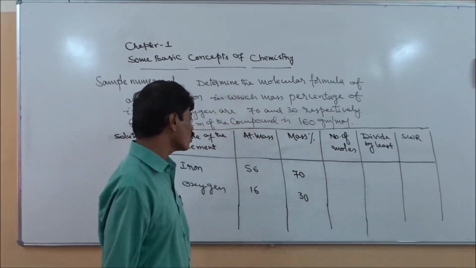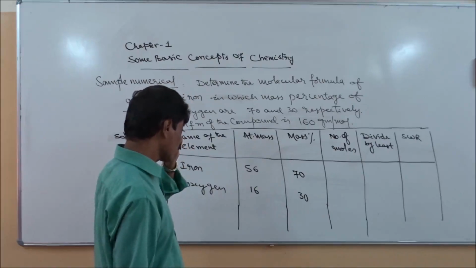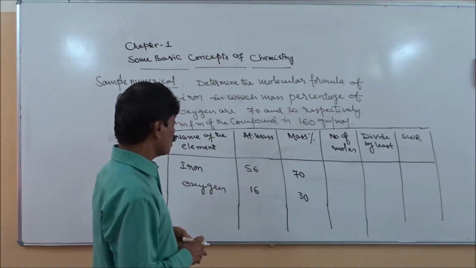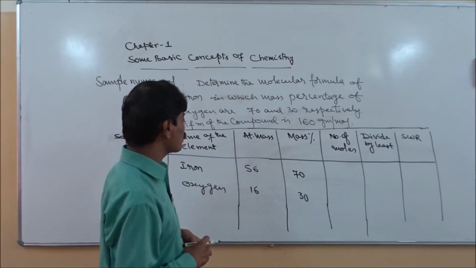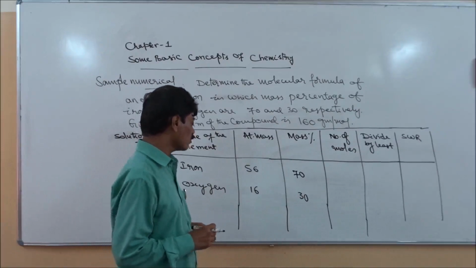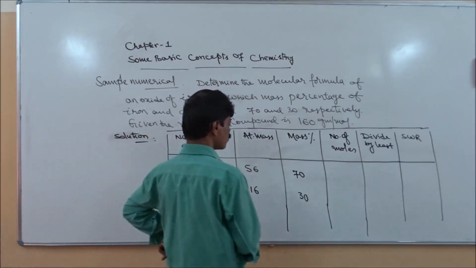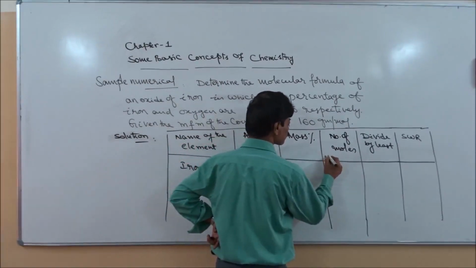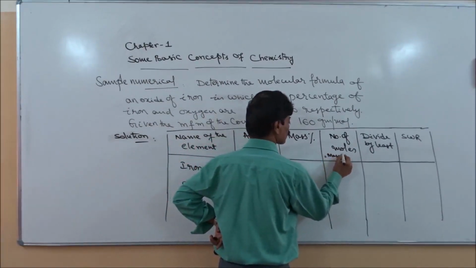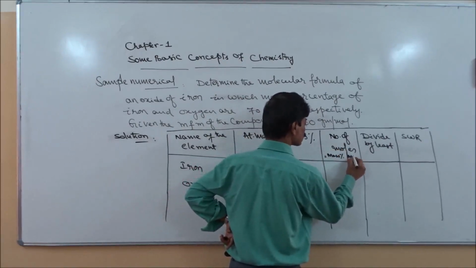Now for the number of moles, what we need to do here is given mass by molar mass. So the number of moles is mass percentage divided by atomic mass.